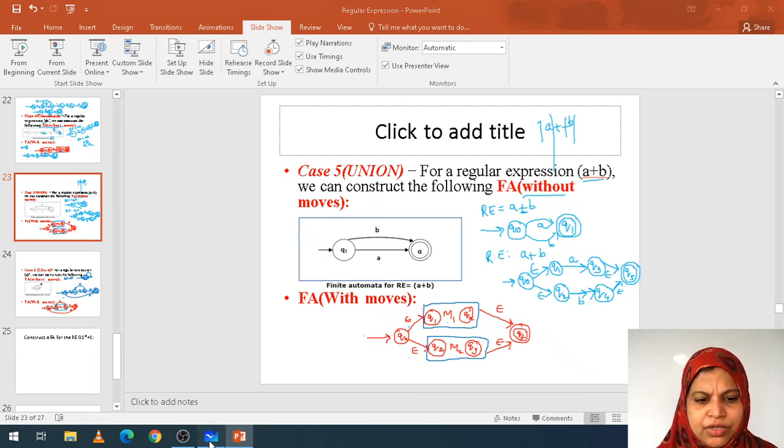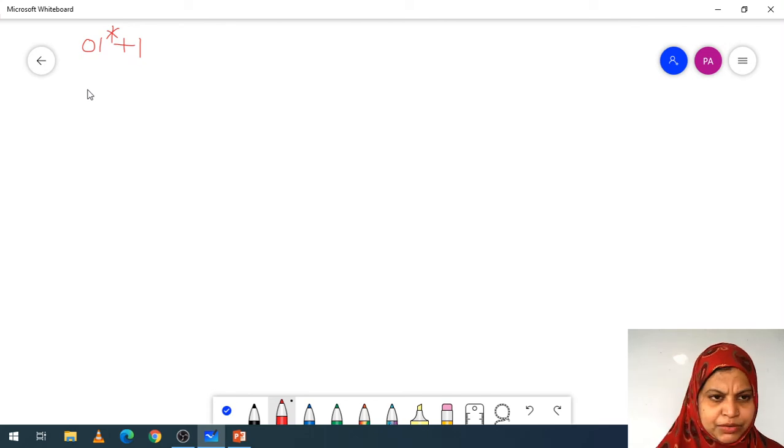So first I am going to divide this expression into (0, 1) star and 1. So first, step 1, you have to write in this step 1.